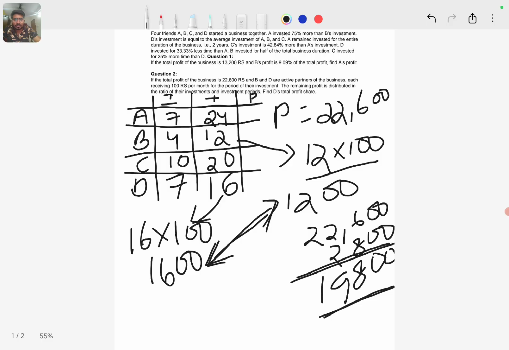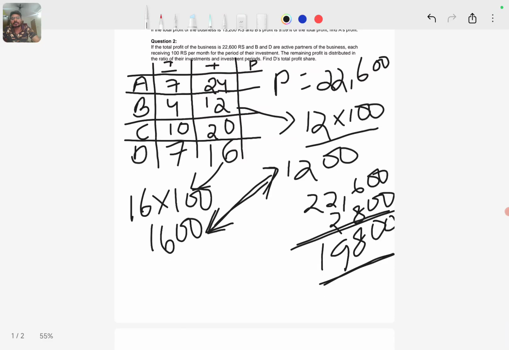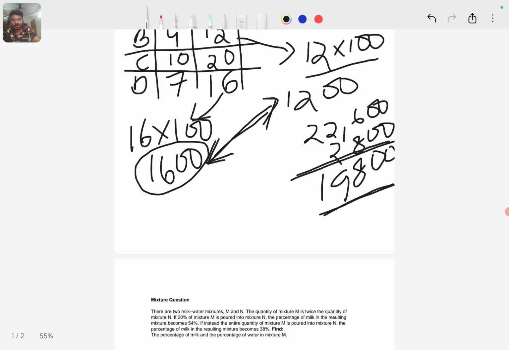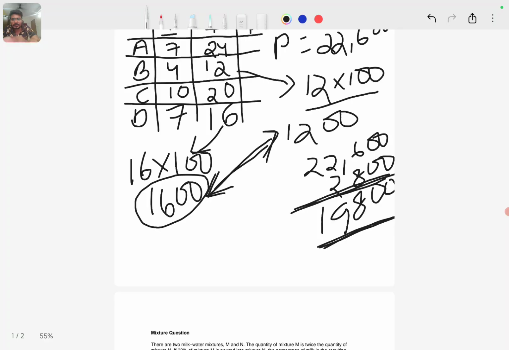Find D's total profit. It is asking about D's total profit. D already got 1600 as active partner share, so D also gets a share from the remaining profit amount. So we already have the investment ratio, which is 7 4 10 7.